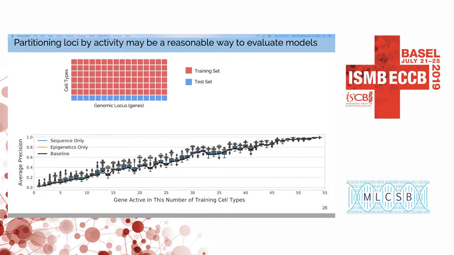If we take the exact same results I was showing you before, where I was just calculating the average precision over all of them, but partition them in this way, the models that use epigenomics alone outperform the models that use sequence alone. The models that use sequence alone are basically just at baseline performance, because what we're doing is factoring out the average activity, and we're saying how much better do you do when you factor that out. And so, of course, the epigenetics, once again, performs better.